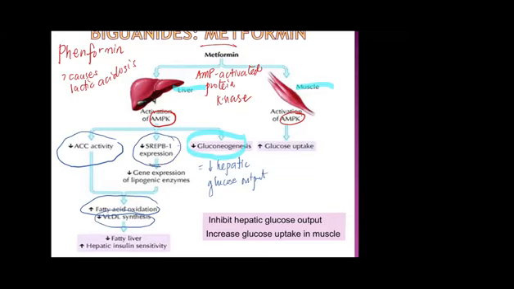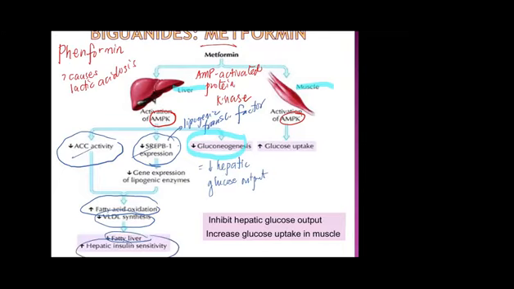So yung SREBP ay isang lipogenic transcription factor, which would lower gene expression of lipogenic enzymes. Kaya overall, ang effect ng metformin in the liver, because of these actions, there is decreased fatty liver and increased hepatic insulin sensitivity.